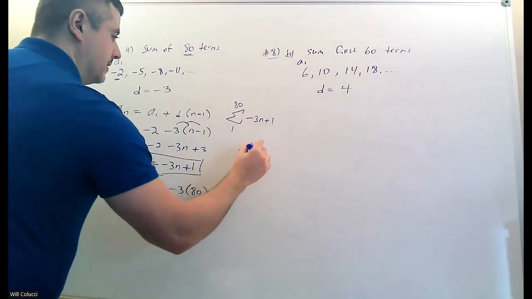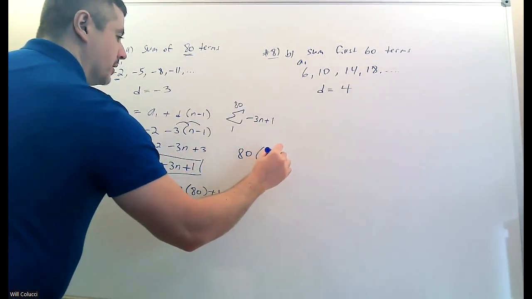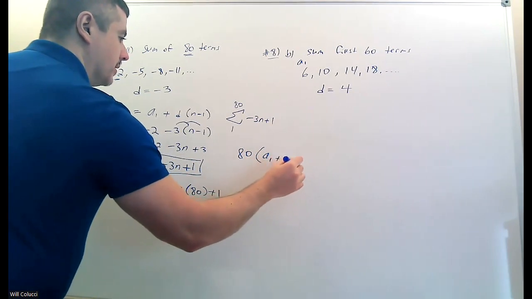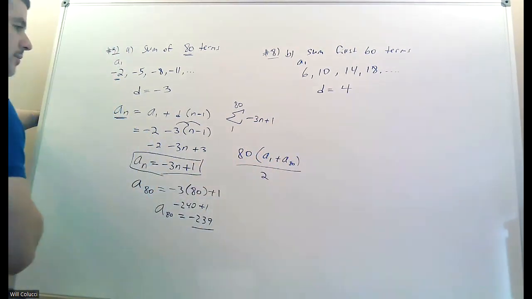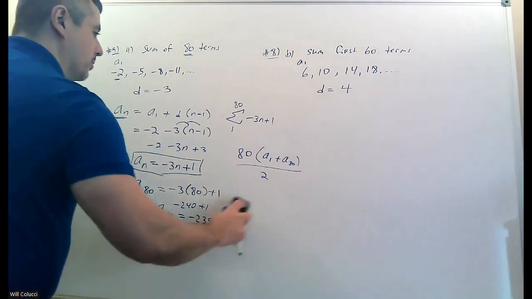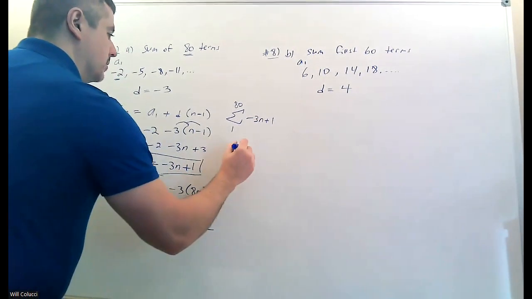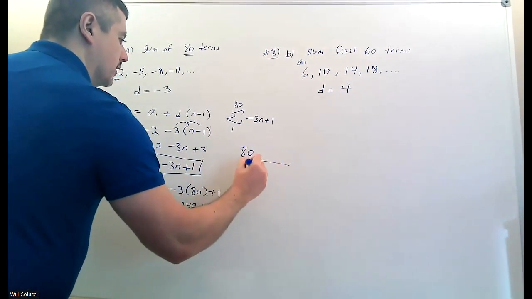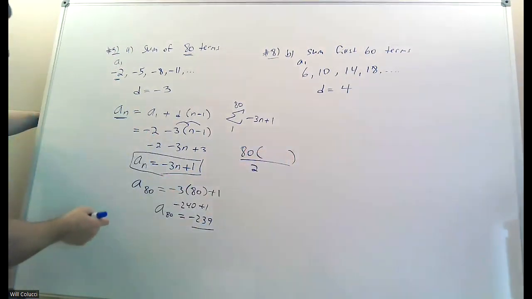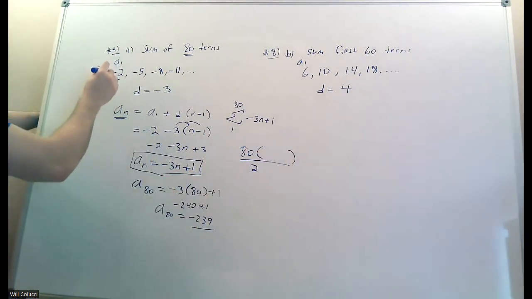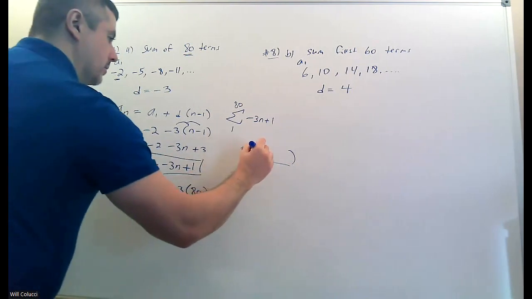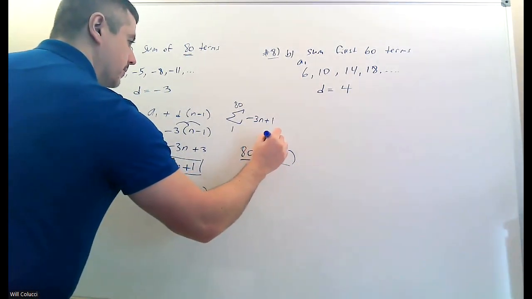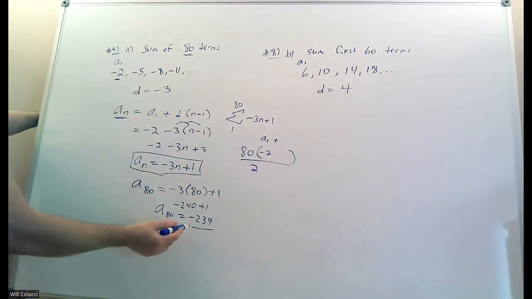It's the first number plus the 80th number all over 2. This is what the sum would be. So I'm going to do 80 over 2 times the first number, A1, which is -2, plus the 80th number.